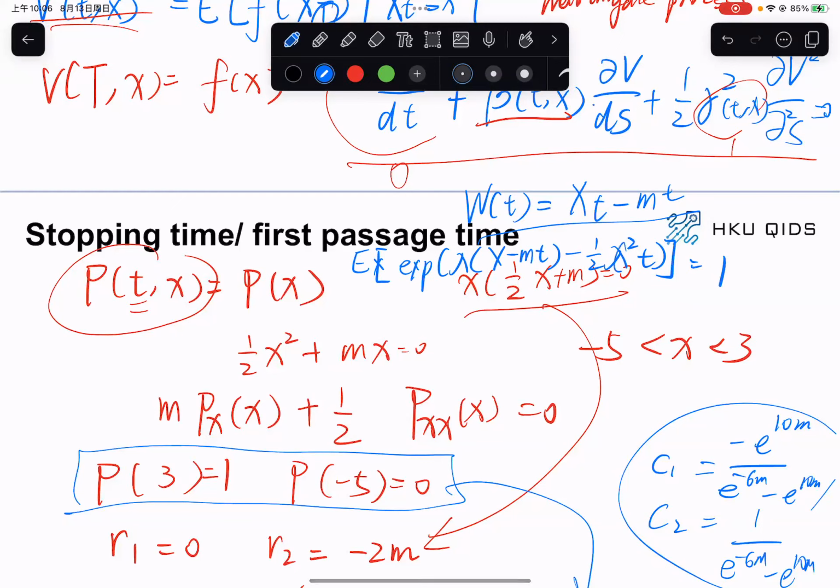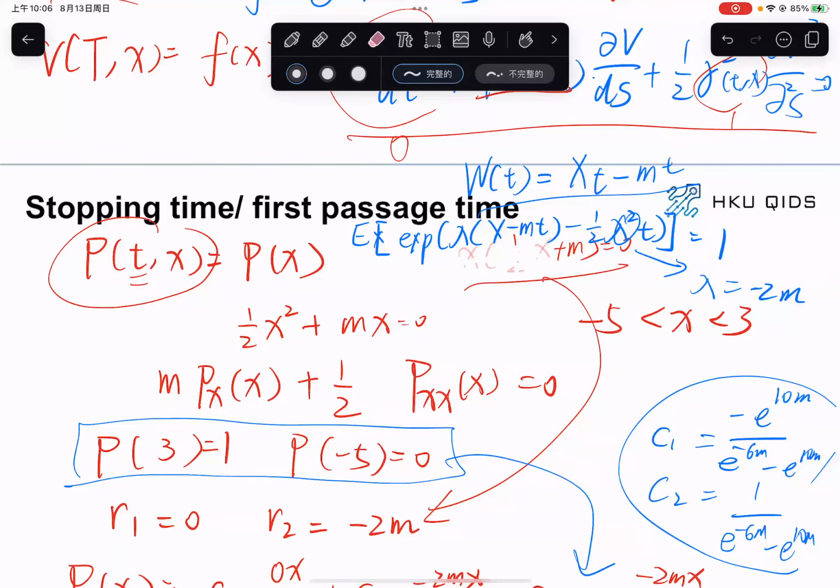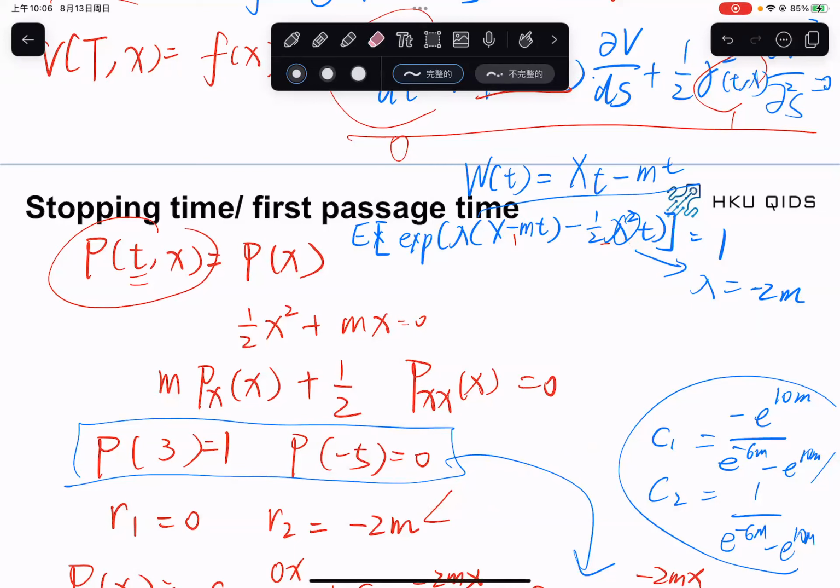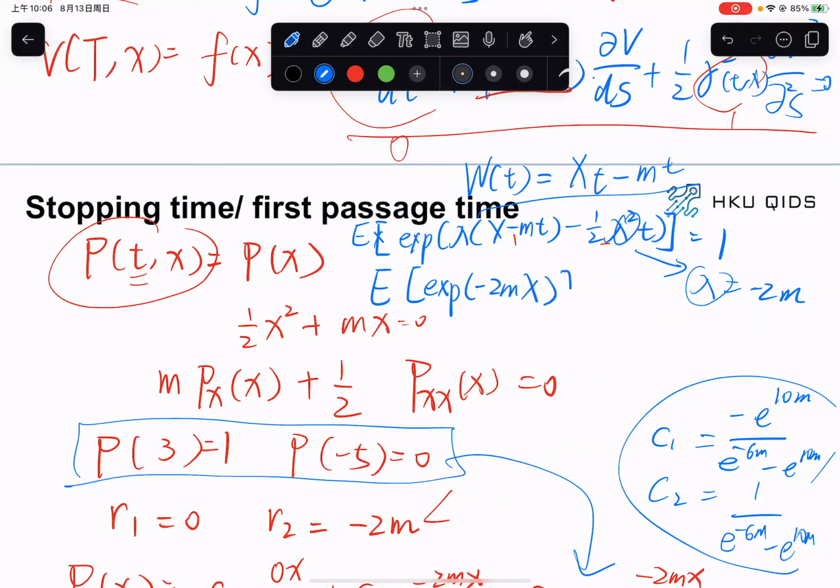And we can simply set lambda equal to -2m. Because lambda can be any constant, if we intentionally put lambda equal to -2m, then we can find the expectation of exponential -2mX is going to be 1.